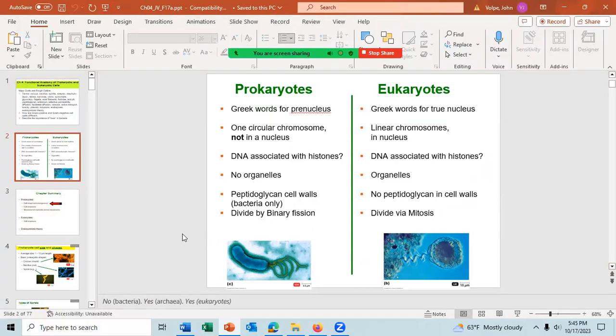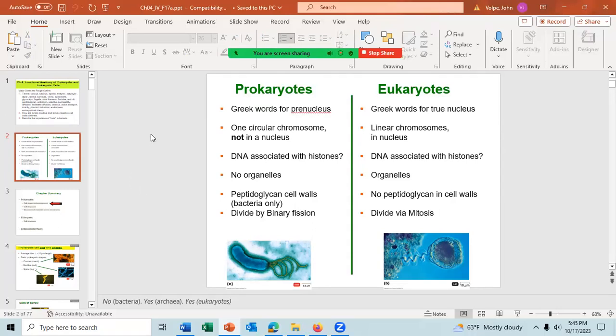All right. When we're talking about prokaryote cells, comparing them to eukaryotes, you should know that prokaryote is the Greek word for pre-nucleus. Literally, it translates to pre-kernel, but by kernel, they're talking about nucleus. And eukaryote is the Greek word for true nucleus, or literally true kernel. Prokaryotes generally have one circular chromosome.